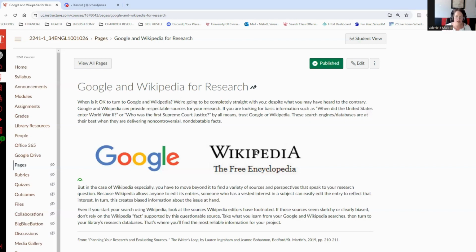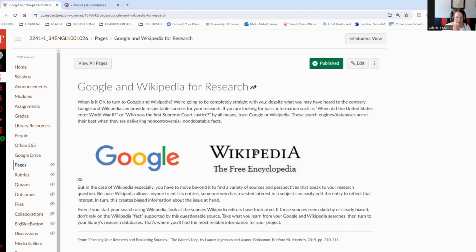And those top search results are usually the ones who have the right SEO, search engine optimization keywords in their descriptions. They have paid money to appear at the top and get a better ranking. So there's a lot of stuff going on behind the scenes. So don't just look at the first page of Google and say, okay, these are all great, right? Because maybe they're not all great.